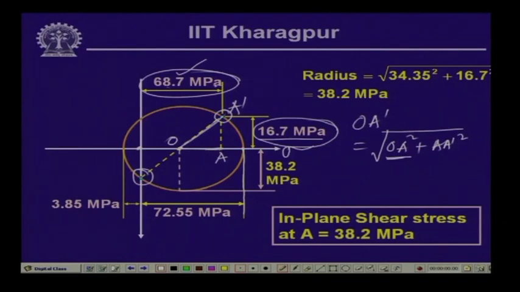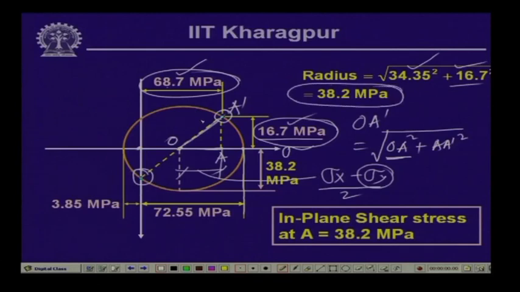So, 68.7 divided by 2 will give this particular distance, because this is sigma x minus sigma y by 2, and since sigma y is 0, this is sigma x by 2, which is 34.35 square, and this is 16.7 square. So, we get the radius value as 38.2 MPa.